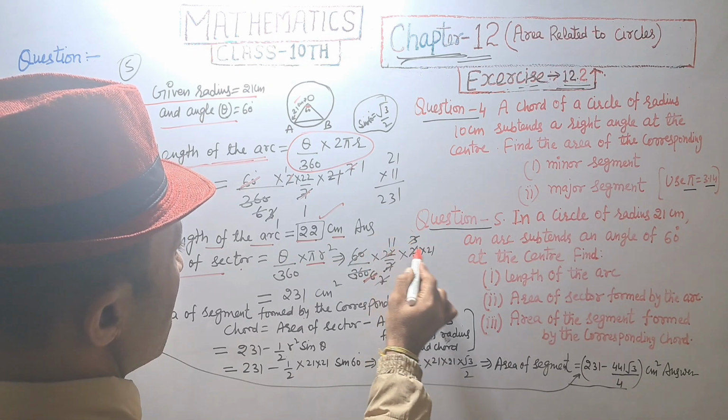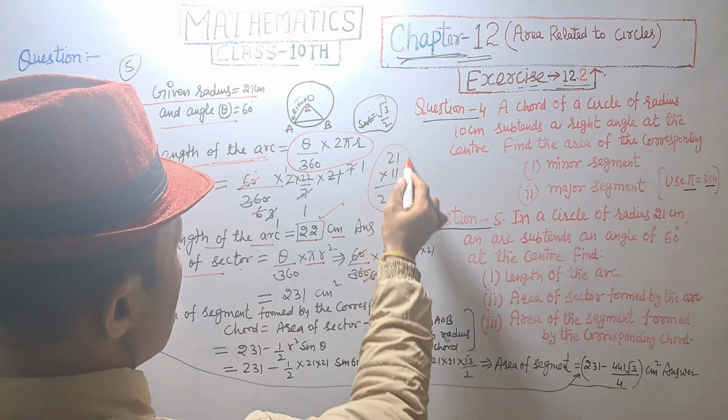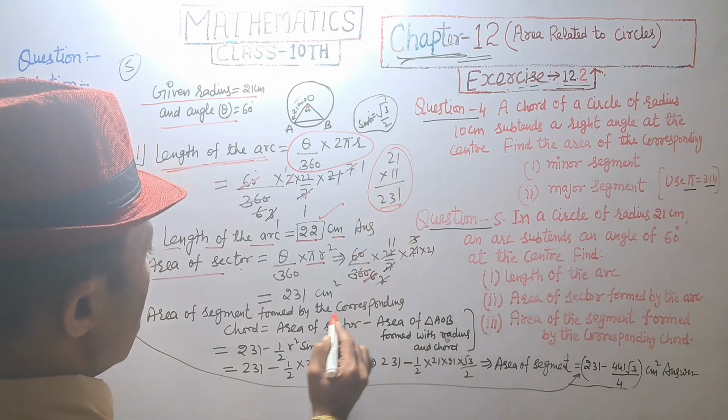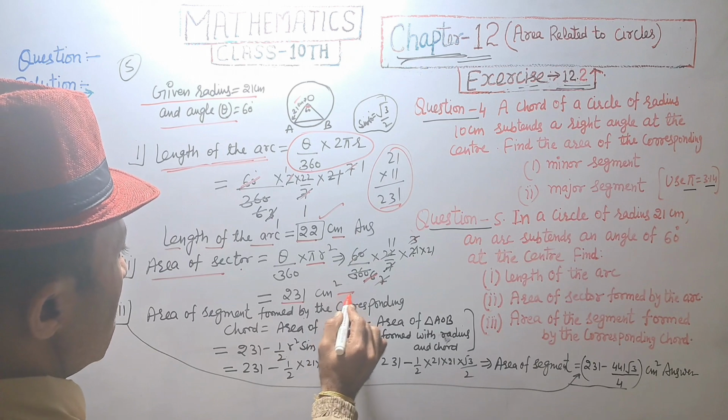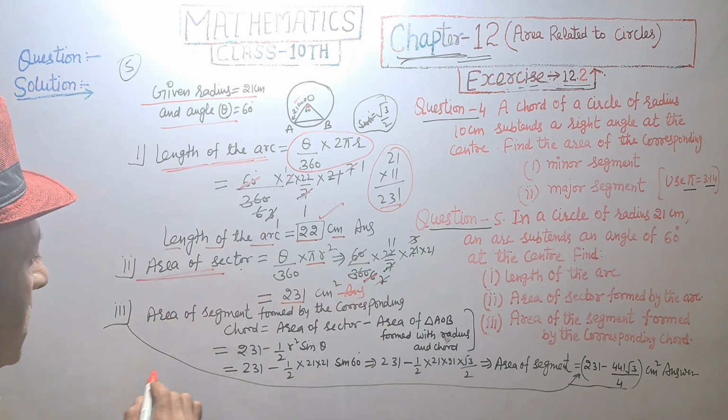We get 21 into 11, that is 231 centimeter square. Answer, second part, area of sector.